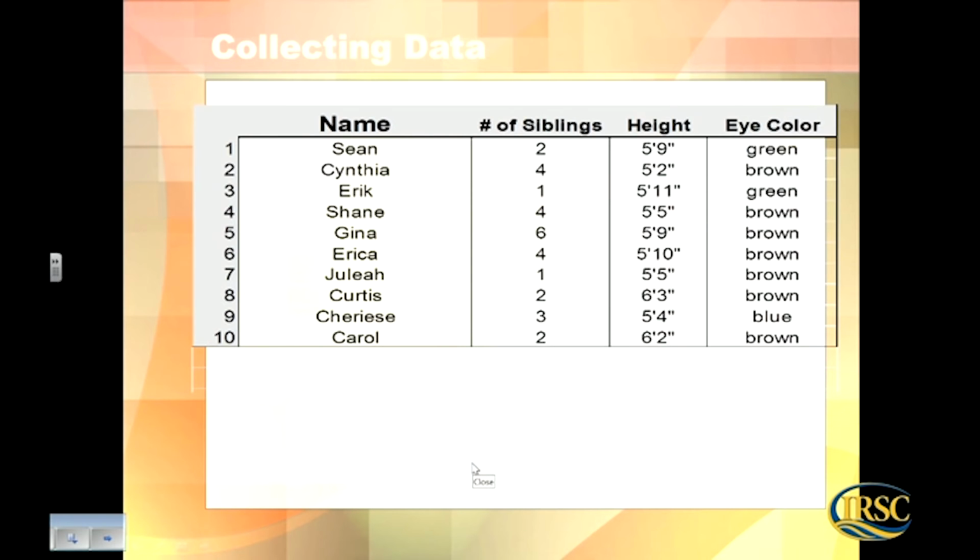Okay, so we have 10 students from our population of our class. These 10 students would be a sample of the class. Was that necessarily a random sample? Was it random within the population? Was it volunteer?